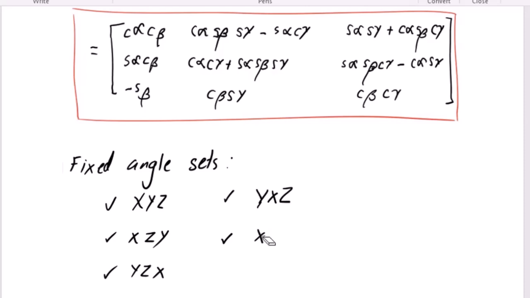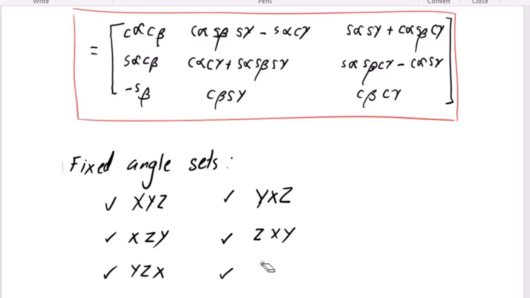Yes, we have already. So z, x, y. What else? One more to complete. What is missing? Z, x, y. X, z, y, we have.